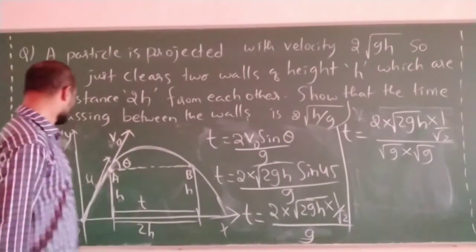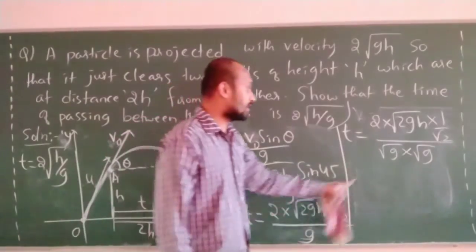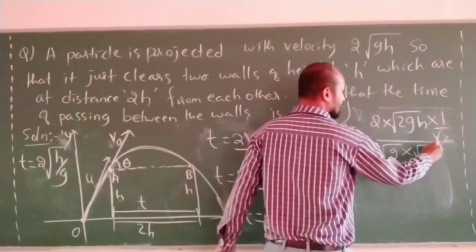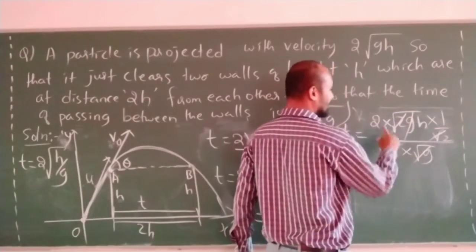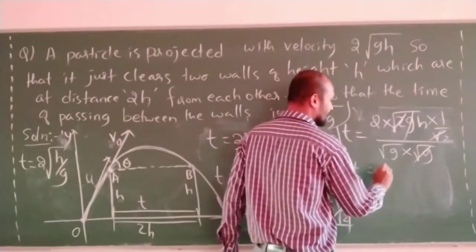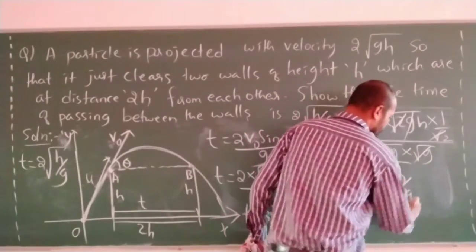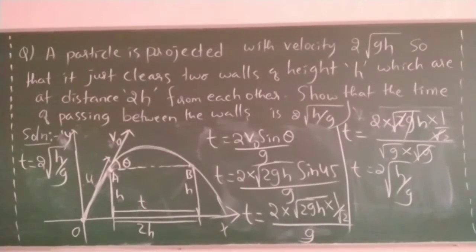Root g into root g, what I will get? g. So here one root g, another root g is getting cancelled. Root 2 is getting cancelled. Root h is remaining, root g is remaining. T is equal to 2 into root of h by g. Got it here? This is the result.